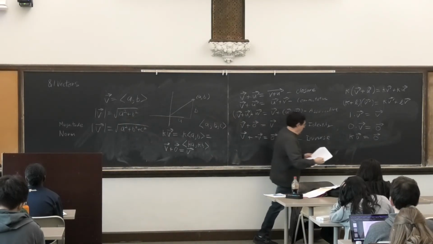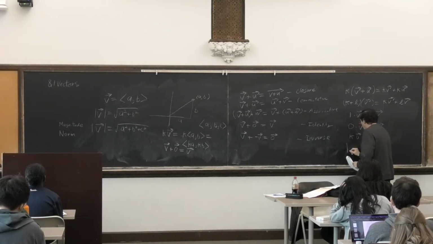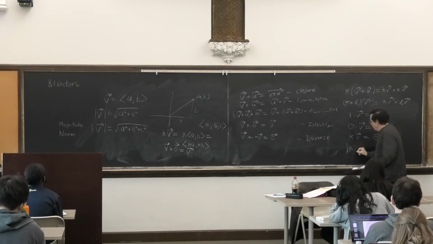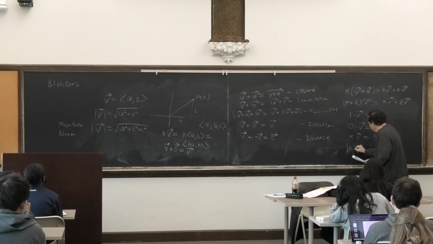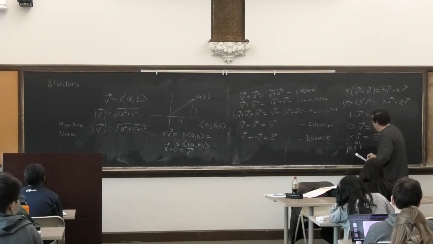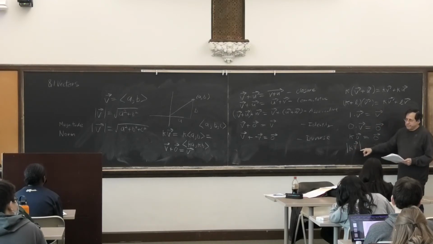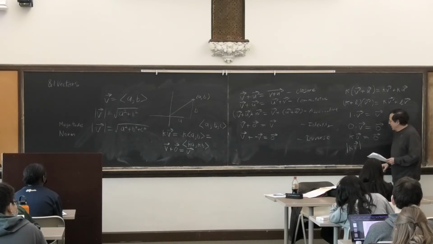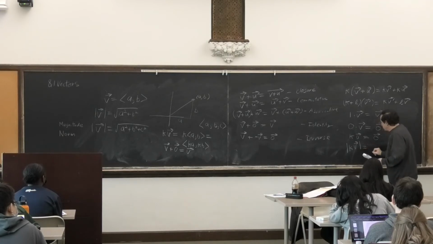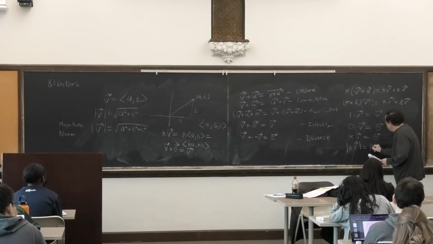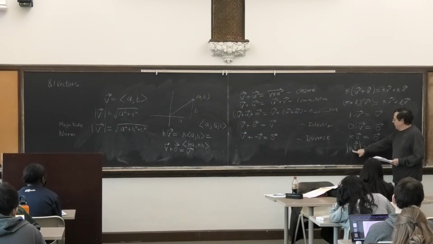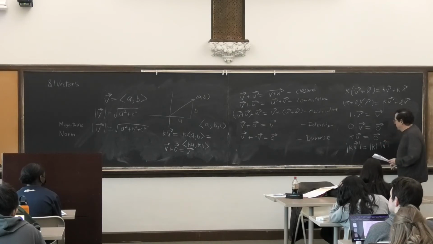And the property is that the norm of some scalar times a vector, here's where these vertical brackets can get a little confusing, is equal to the absolute value of the scalar times the norm of the vector.